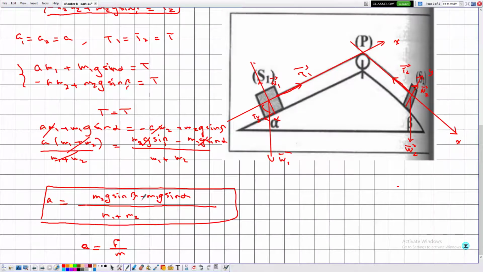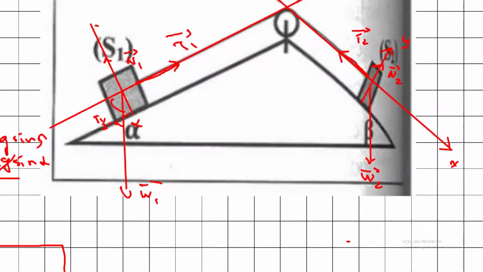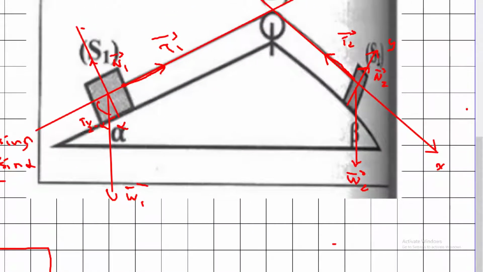Remember that one can always think about this equation. For example, if one directly wants to calculate the acceleration without doing any calculation, one can say that the acceleration is given by force over total mass.